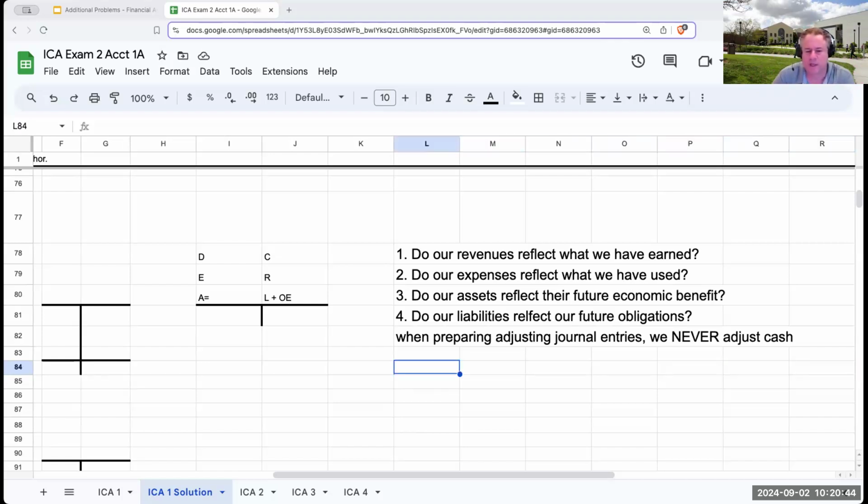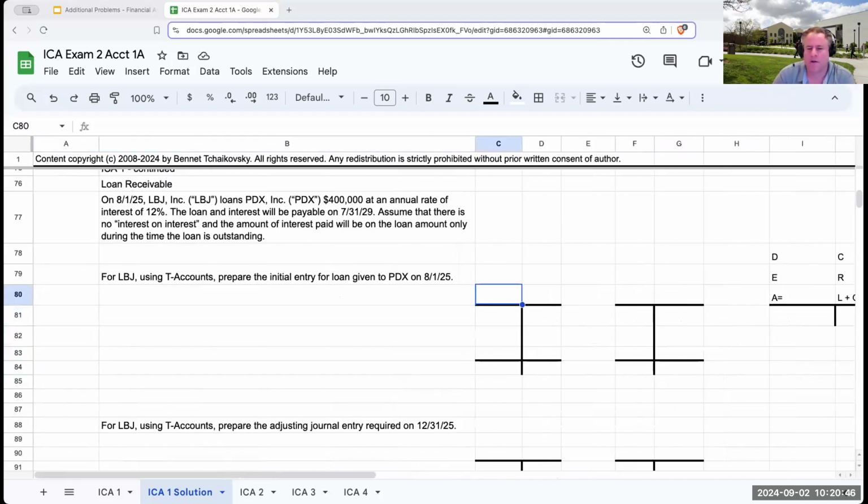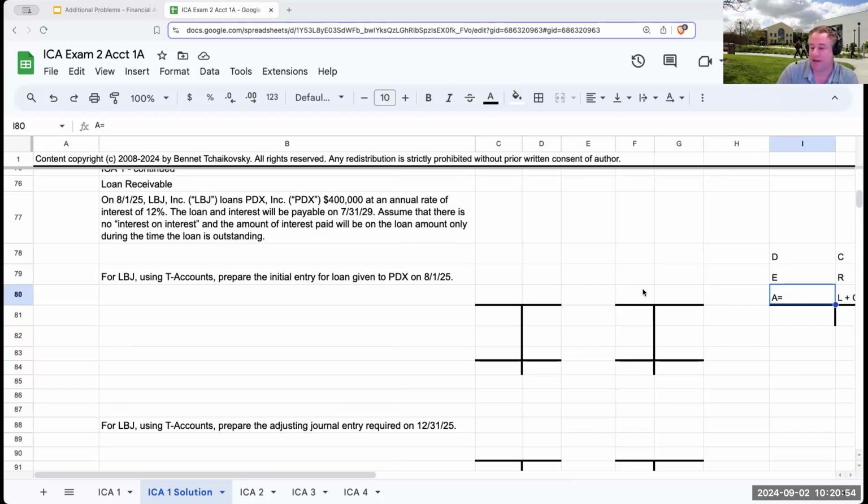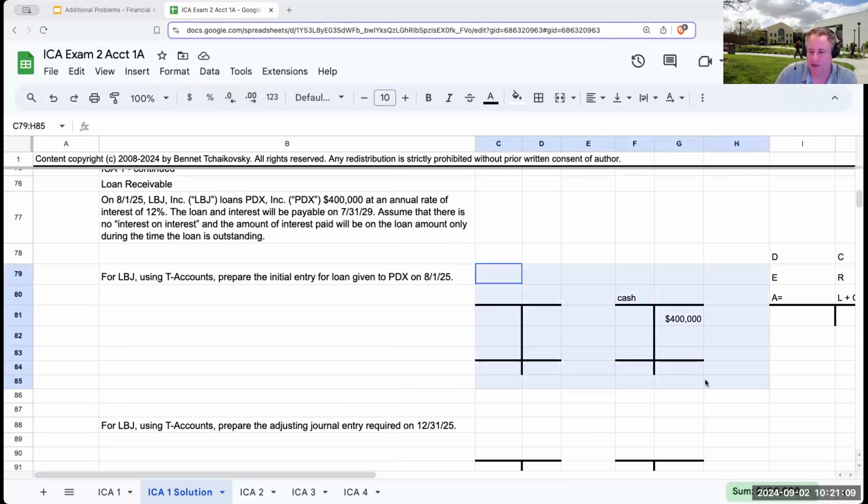So coming over here, we have a loan receivable. I am LBJ and I'm giving money to PDX. What is happening to my cash? Well, my cash is going down. If this does not look familiar, I have videos that I will link below that you can look at.